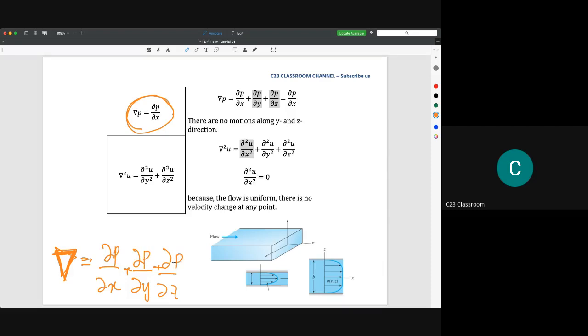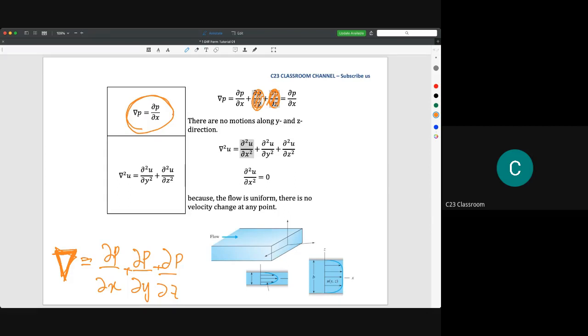So we have dp/dx plus dp/dy plus dp/dz. And then because we assume that the flow only moves in the x direction, we assume that dp/dy and dp/dz are equal to 0. This is also closely related to the idea of the Bernoulli equation, because we assume that when the velocity changes, then the pressure changes too.